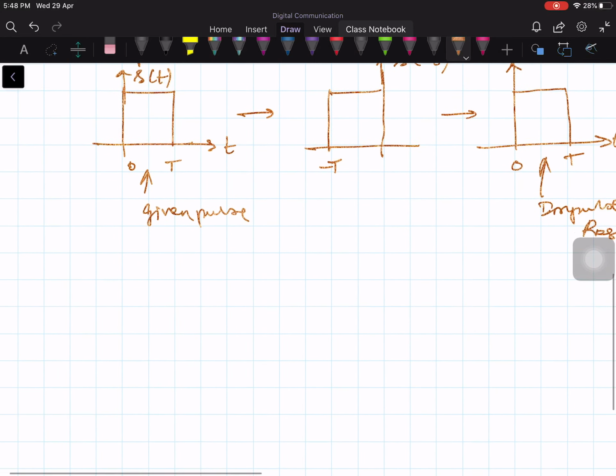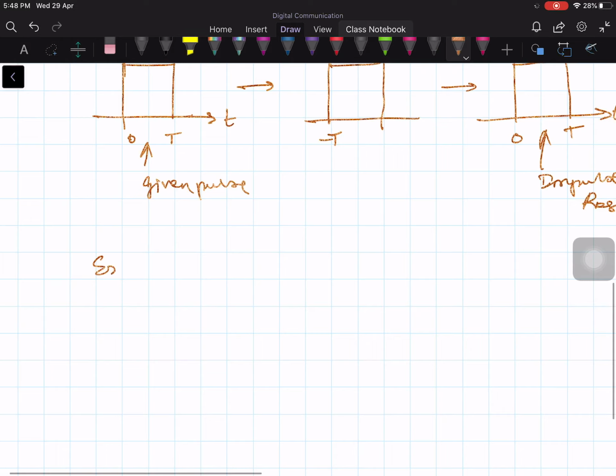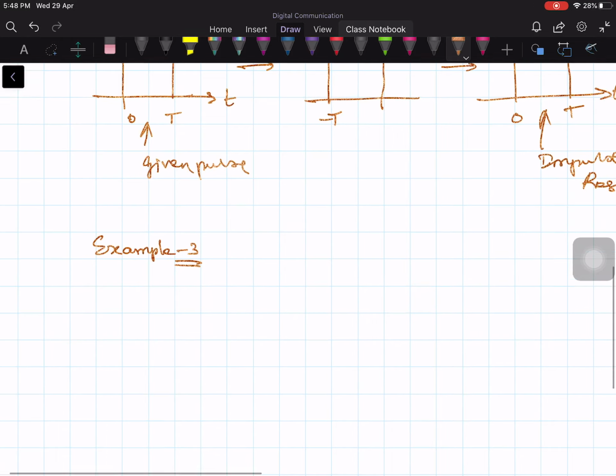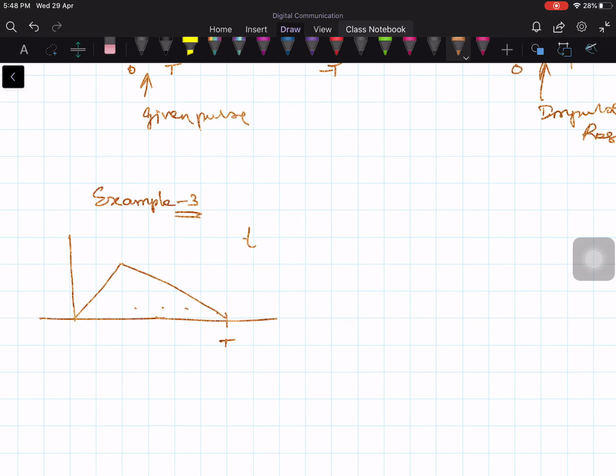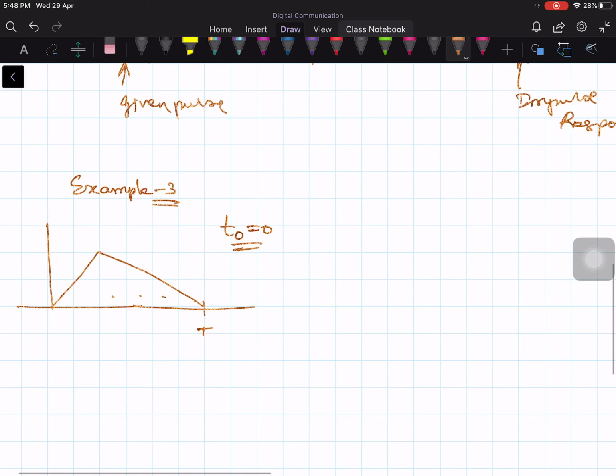Now take another example. Example 3. Take the same pulse like this, with capital T. In this case, let us assume t naught equal to 0. Then what happens? You first fold it.